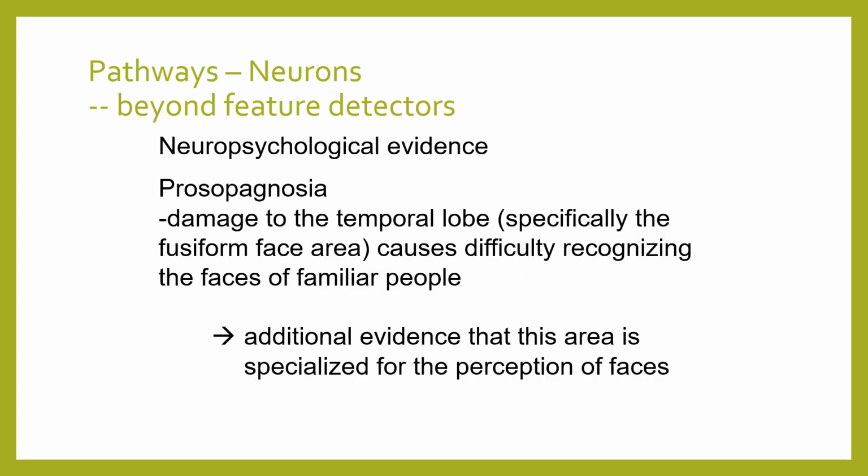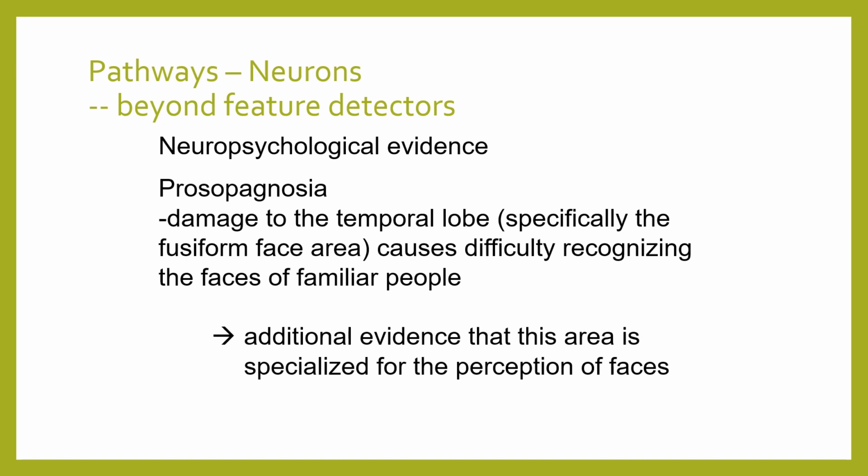We also see neuropsychological evidence for this brain region being important to facial recognition, because we have people who have damage to this area of the temporal lobe, the fusiform face area, and they end up having what's called prosopagnosia. So this difficulty in recognizing the faces of familiar people.